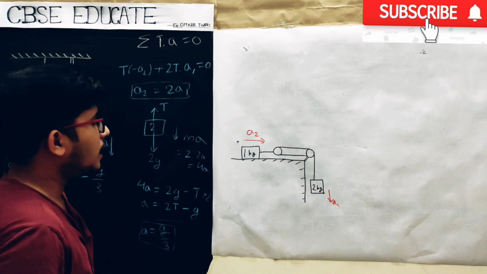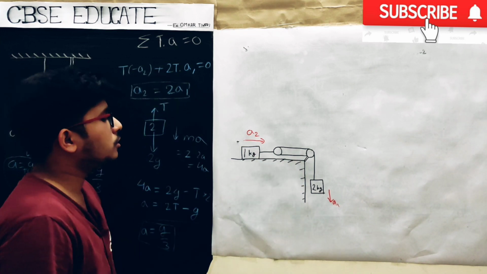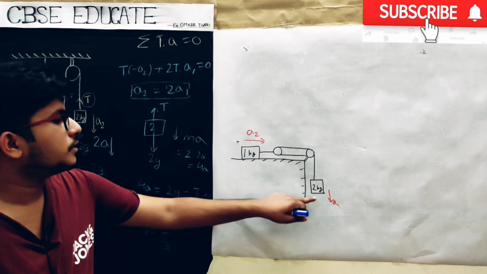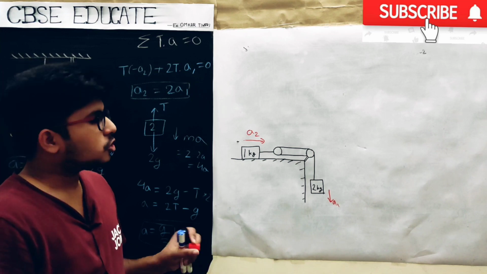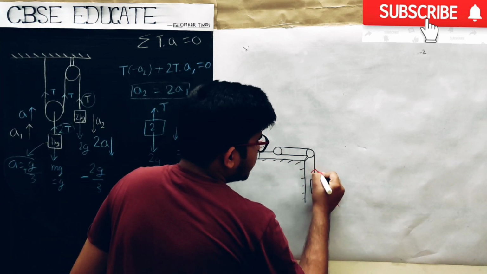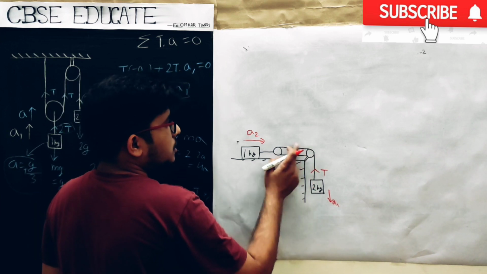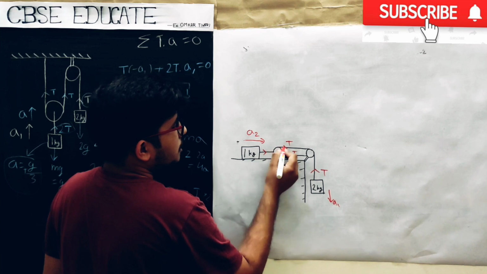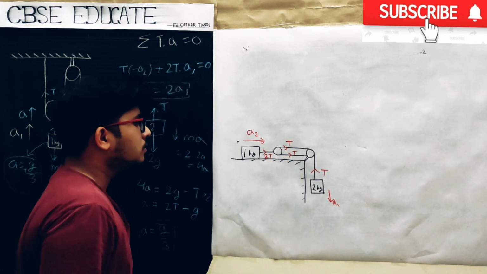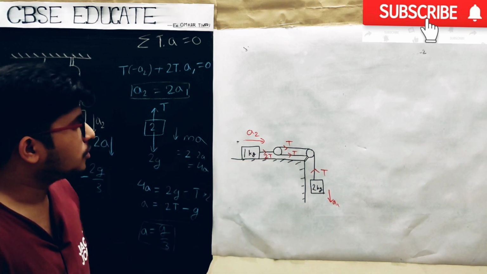Now the question rises, the relation between a1 and a2, or to find the acceleration of a1 and a2. Now what we have to do is again distribute the tension first. So here the tension is T. Now the string used is the same, so this is also T, and this also becomes T. So this will become T and T, 2T. This becomes 2T.